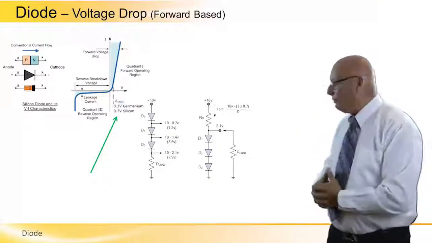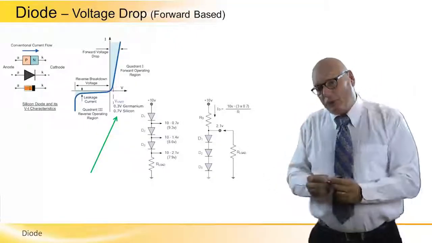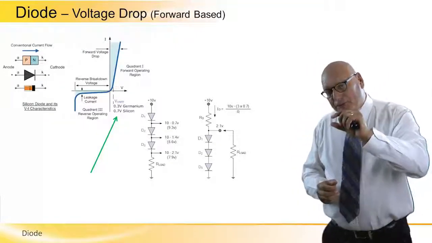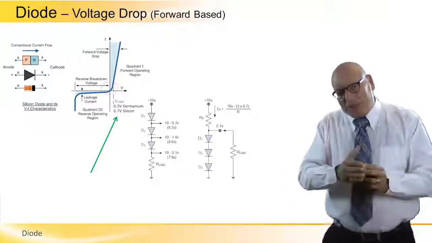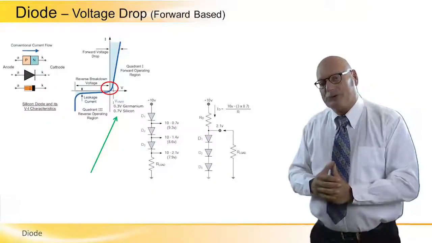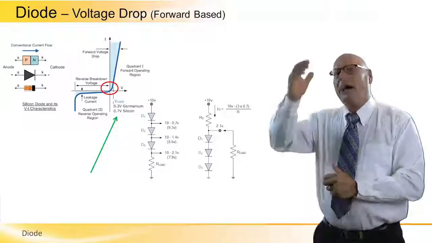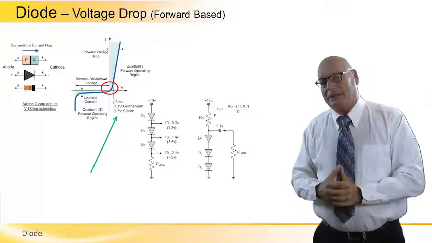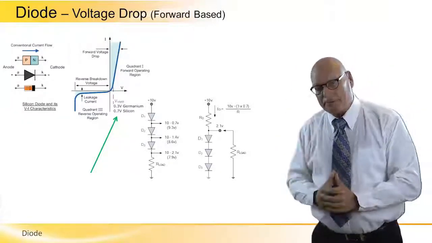In the forward operating area, when the difference in potential between the anode and the cathode passes 0.7 in silicon, when the potential is greater than 0.7, then current can flow, and very high current can flow very easily. The internal resistance of the diode is very low, so current can flow.